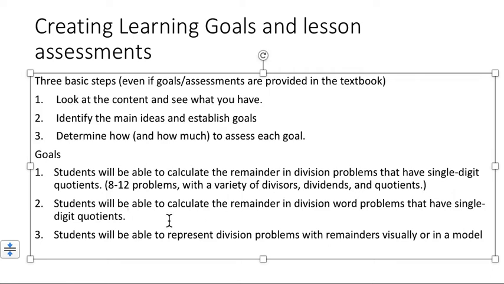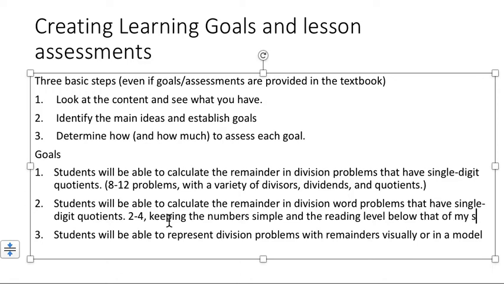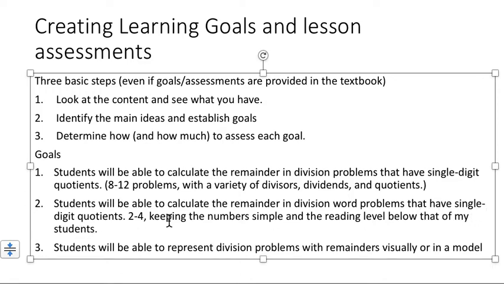For word problems, I'd probably want 2 to 4, keeping the numbers simple and the reading level below that of my students. I don't want reading to get in the way.